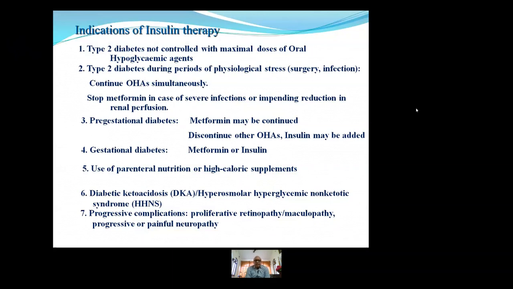Use of parenteral nutrition or high caloric supplement. Diabetic ketoacidosis, hyperosmolar hyperglycemic non-ketotic syndrome, progressive complications, proliferative retinopathy, maculopathy, progressive or painful neuropathy. In these conditions, insulin is indicated for rapid control and tighter adjustment.